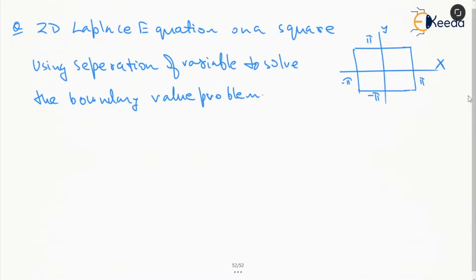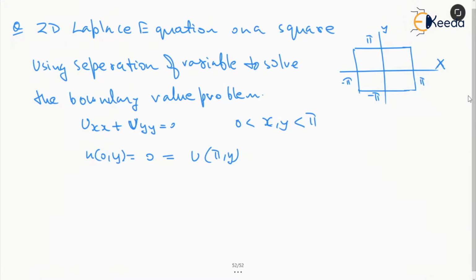problem, and the equation is uxx plus uyy equal to 0 for the region of x and y being between 0 and pi, and u of 0, y is equal to 0, which is also equal to u of pi, y for y being between 0 and pi.